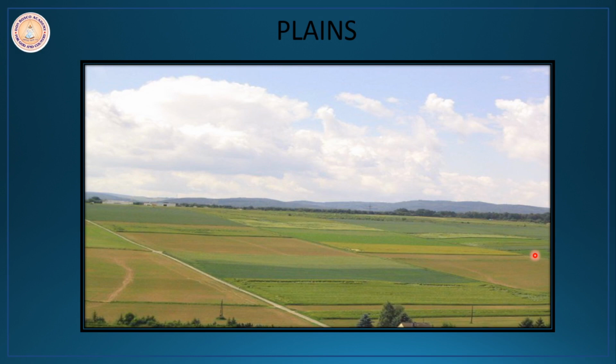The plains, which you can see on your screen, it's a level land. It's a level, gently undulating land with relatively minor differences in elevation. So it is almost completely plain, and the elevation might not go more than 150 meters above the sea level.